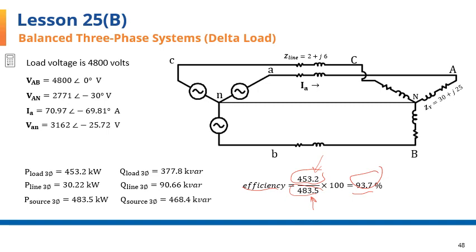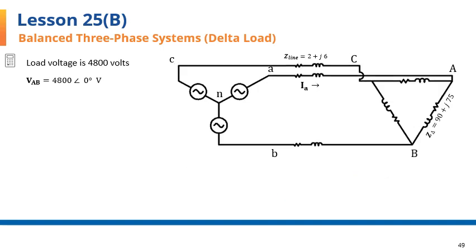Let's now go back to the original system with the delta load and find the phase currents of that load. We can find the phase currents by dividing the line-to-line voltages that were found by each phase impedance. Or we can use the line current instead. I use the second method starting on the next slide.